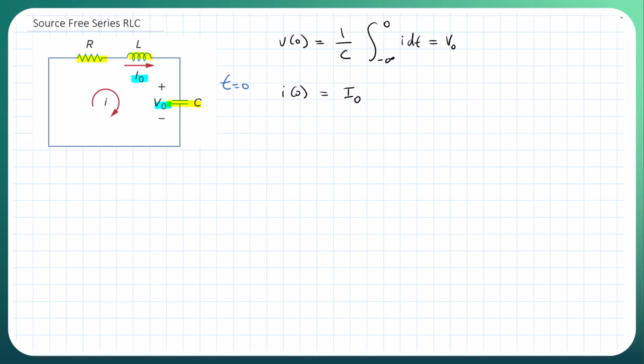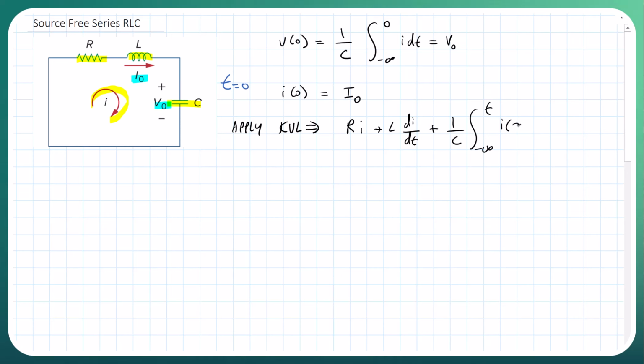Okay, so let's go ahead and take these and derive the equations from here. If we apply KVL across this mesh here, we're going to come up with R, the resistance value, times the current, plus the inductance L times di over dt, plus 1 over C times the integral from minus infinity to t of I of tau d tau, all equal to 0.